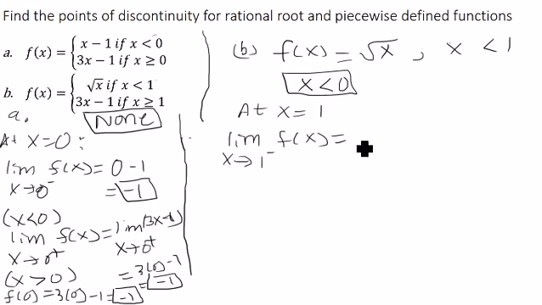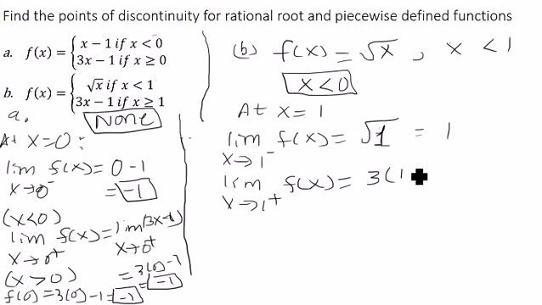That is the square root of 1. Now remember, the 1 minus is not negative 1, it's just the direction of x, so that's going to be 1. Similarly, let's look at the limit as x goes to 1 plus of f of x. This time the value of x is greater than 1, so we're looking at the second branch, and that's going to be 3 times 1 minus 1, which is 3 minus 1, which is 2.